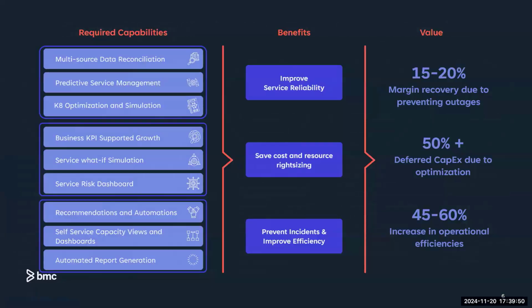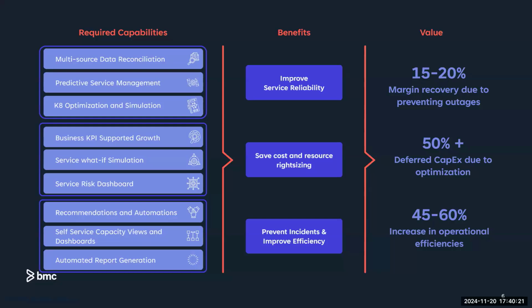So if you think about the required capabilities for a capacity management solution, it's all about aggregating data, storing data, and being able to be proactive with that data, with analytics and queueing network modeling on the back end to help predict, whether it's costing, configuration, or how to reclaim.